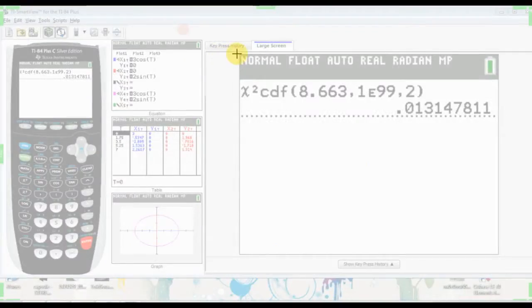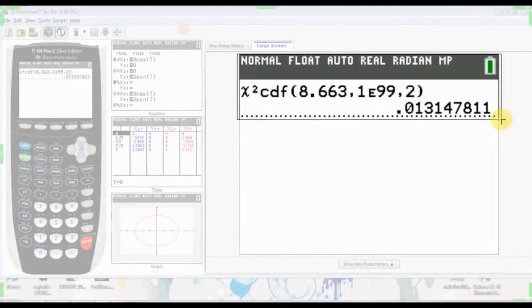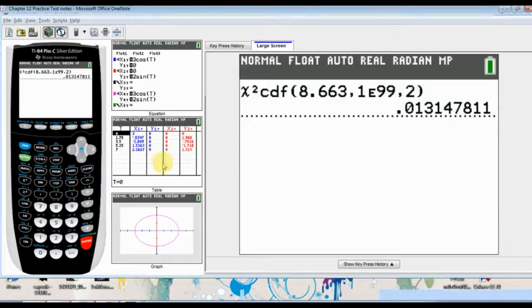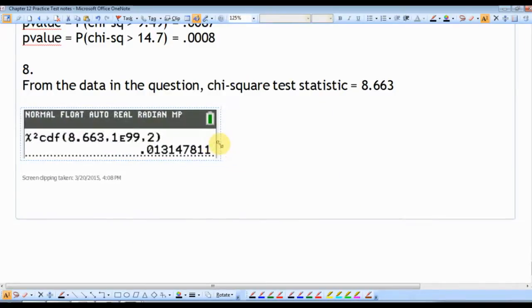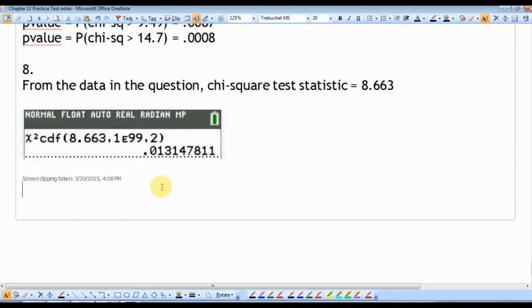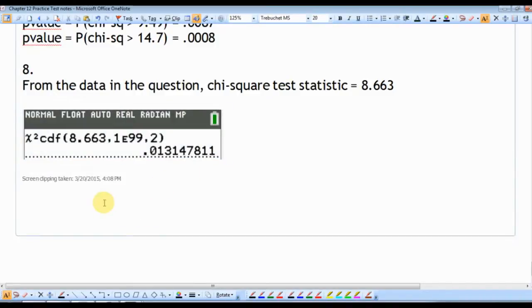For 8, this is the approximate p-value for what? They gave you the chi-square test statistic in the problem. Where? The chart on the right. Oh, is that in the problem? Sorry. That's fine.